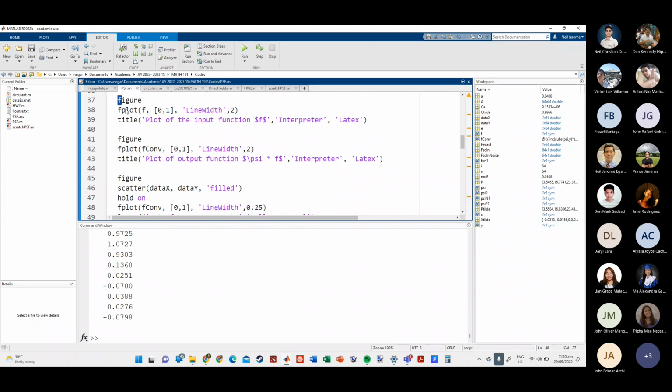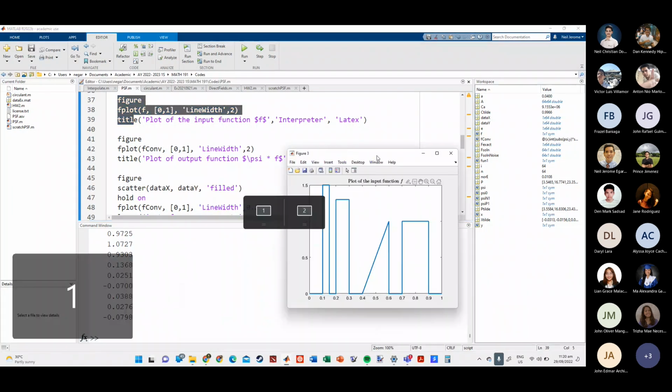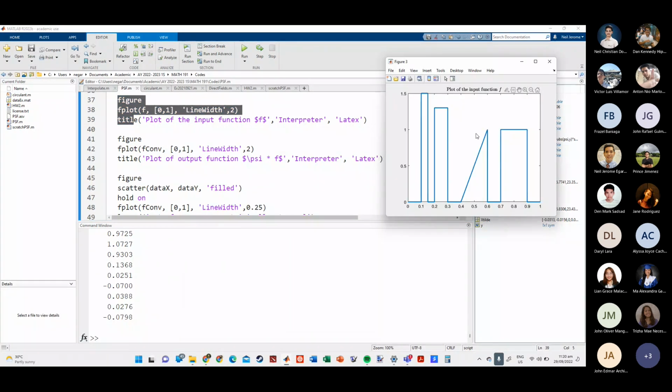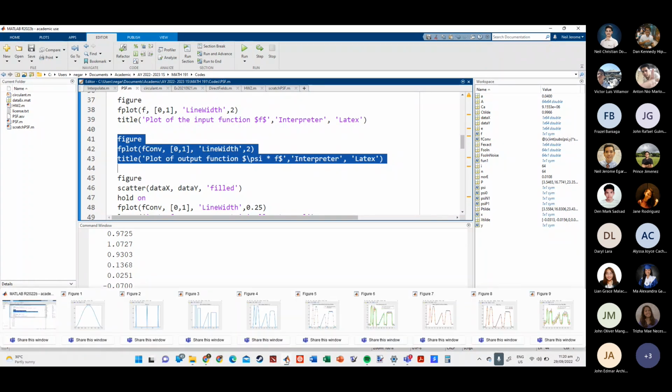Una, yung lines 37 to 39. Nakuha ko si figure 3. Ito siya. Ito yung graph ni F. Kasi pinaplot lang natin yung piecewise function F over the interval 0, 1. Tapos lines 41 to 43, pinaplot ko naman yung F convolution on the interval 0, 1.